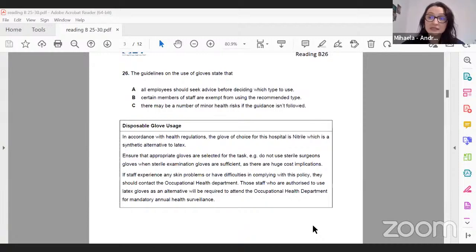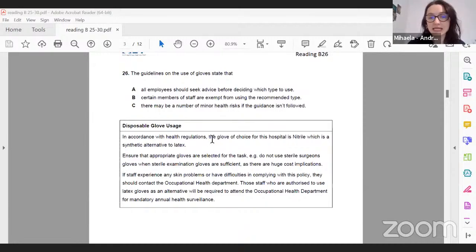So is that everybody? No, they're not only saying people with any skin problems. The people with skin problems would contact the occupational health department. Not everybody, so that means it's B.